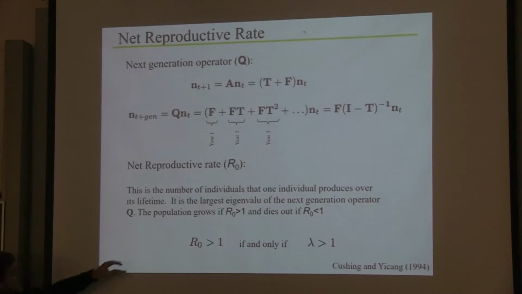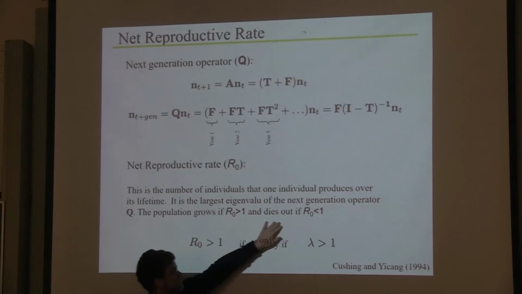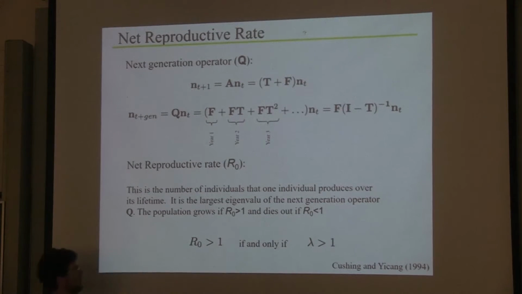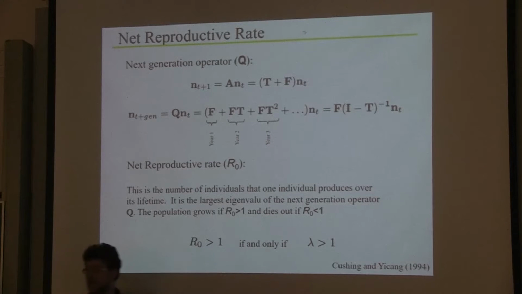And it turns out that the population grows if R naught is bigger than 1 and dies out if R naught is less than 1. In fact, R naught is bigger than 1 if and only if lambda is bigger than 1. And so anything we could do with the eigenvalue, we could do with R naught, which is kind of nice.